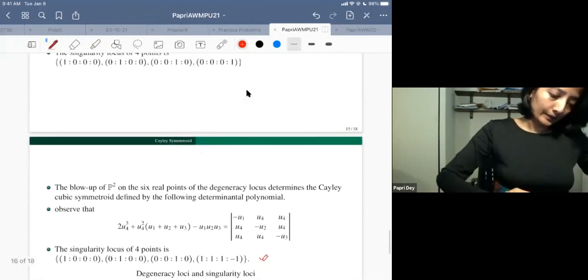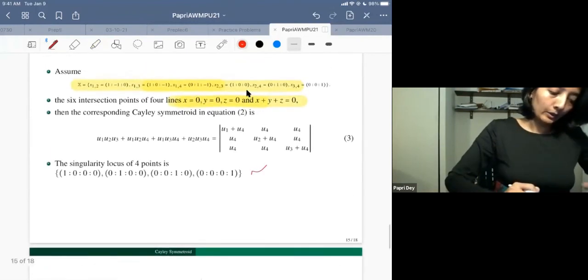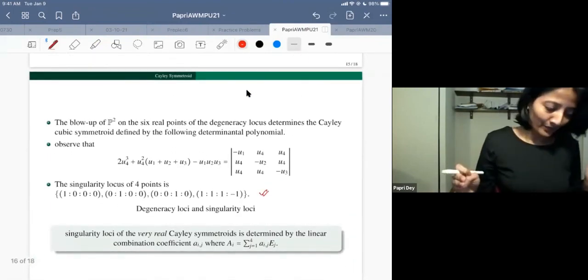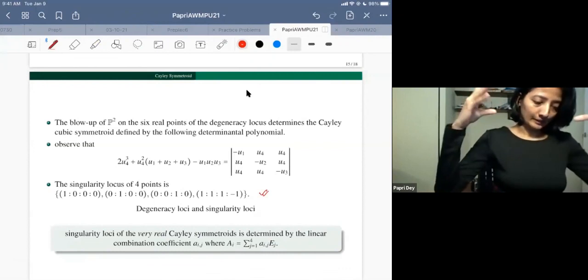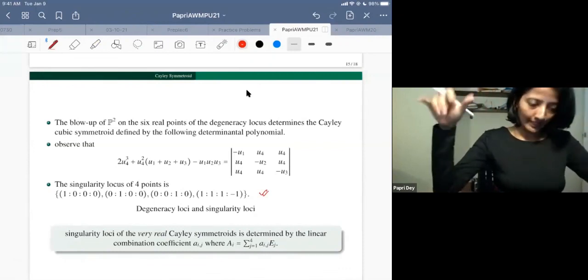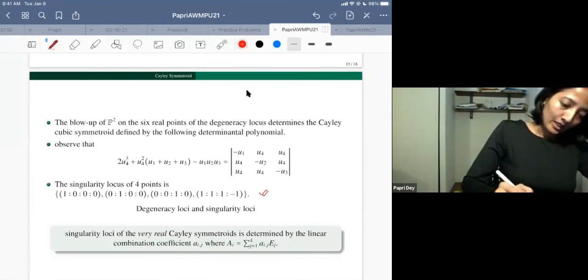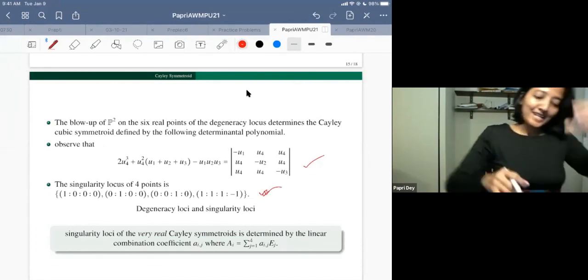These are the points, the singularity locus for this polynomial. And another fact, the other side of the story, is that if we blow up P2 at these 6 real points, then we also get another Cayley symmetroid, the Cayley cubic symmetroid, which is shown here. And the singularity locus of this one is as follows.